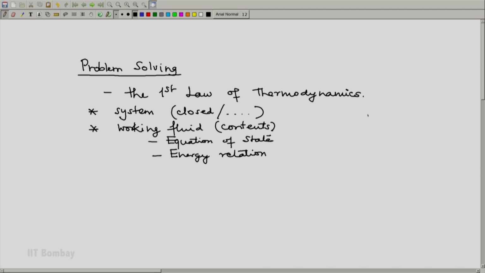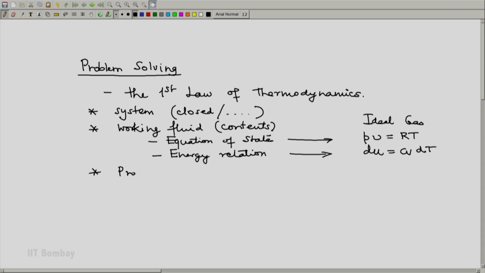For an ideal gas, for example, the equation of state would invariably be PV equals RT, and the basic energy relation would be du equals CV dT. The ideal gas law is based on Boyle's law and the definition of CV is based on Joule's law.